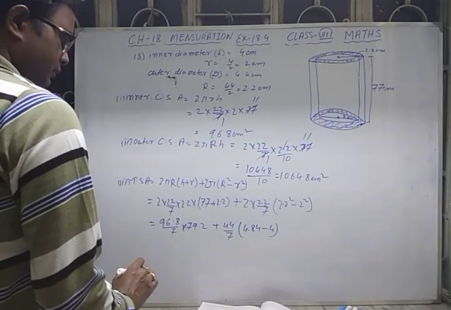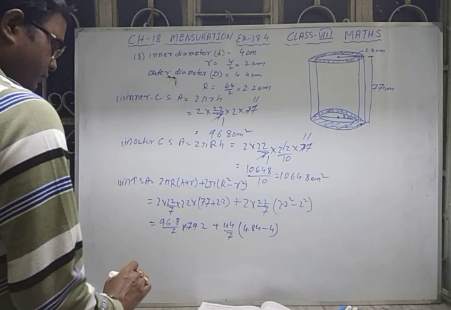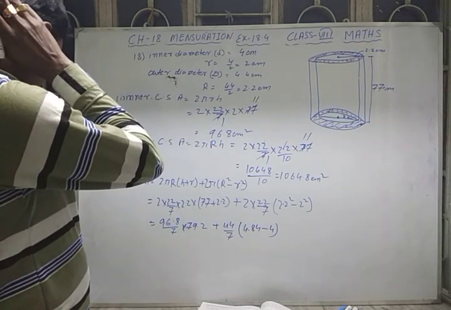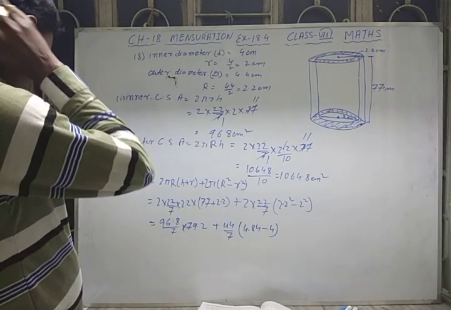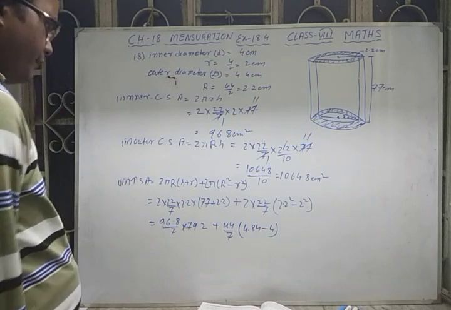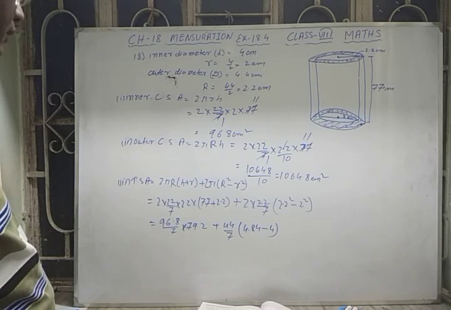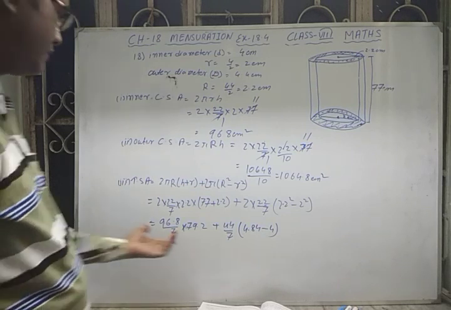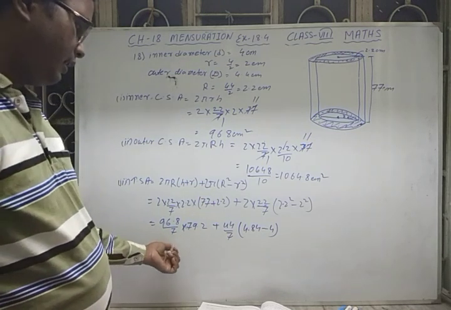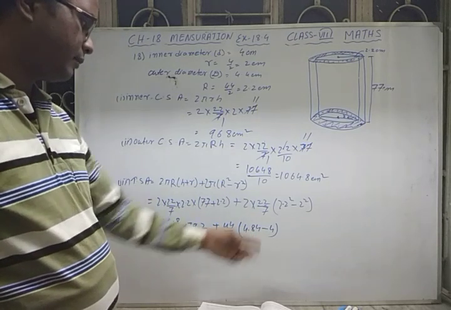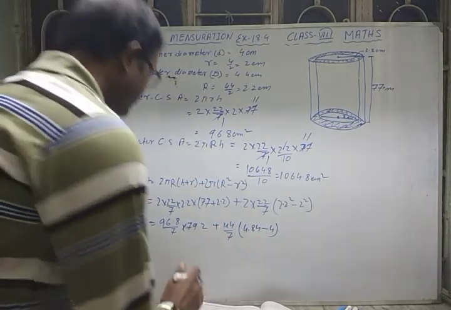Okay. So after that, cancellation is possible? 7 1 is 7, cancellation is not possible here. So you have to just multiply this and divide it by 7, and you also have to multiply this portion.